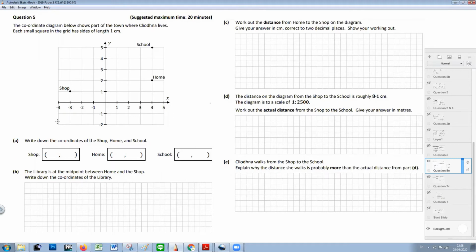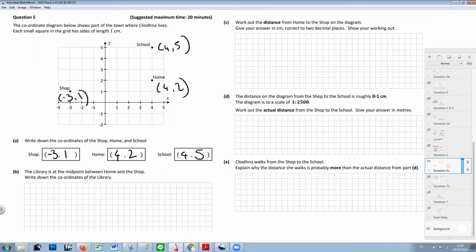So the shop is going to be -3 and 1, because our x value is going to be -3 and 1. Our home is going to be x4 and y2. And our school is going to be x4, y5. So I'll just put those in here too.